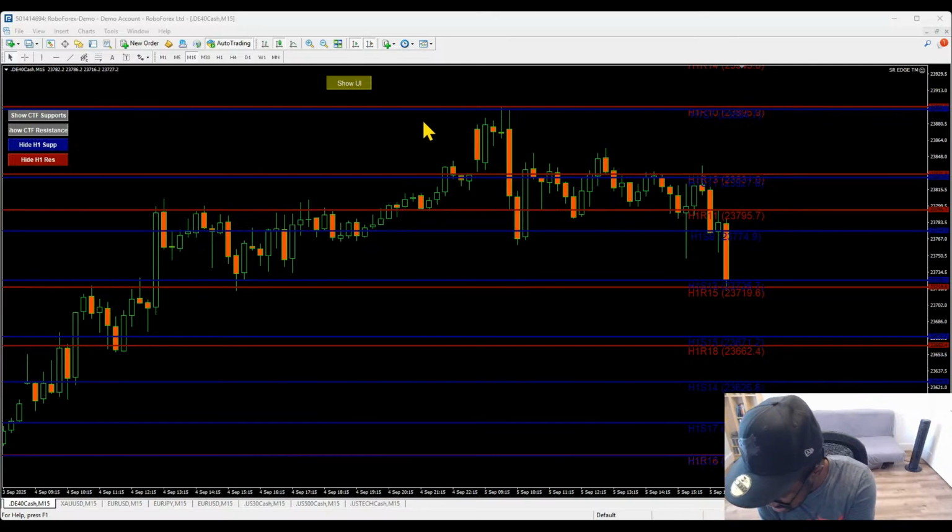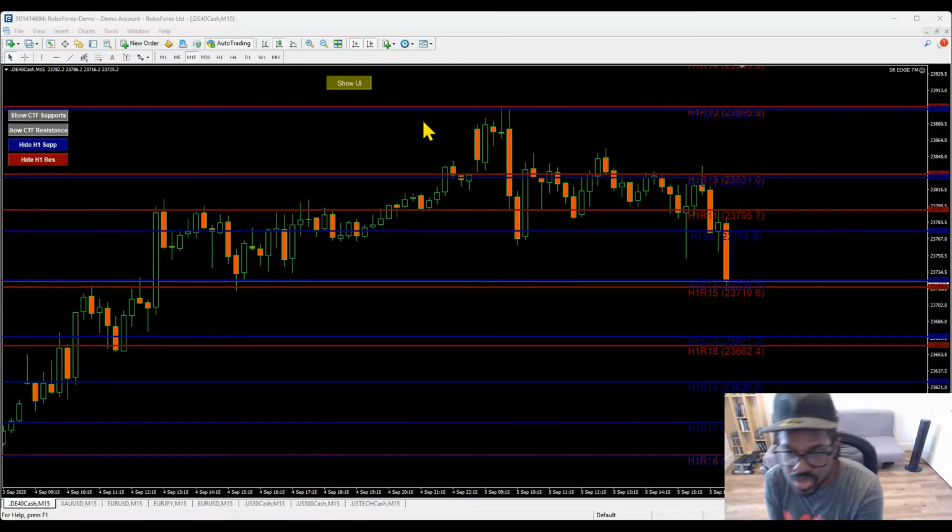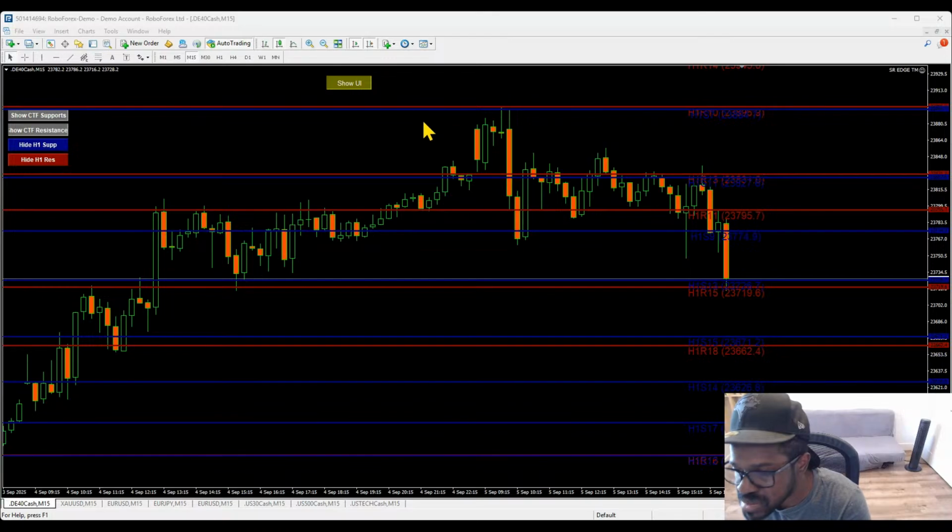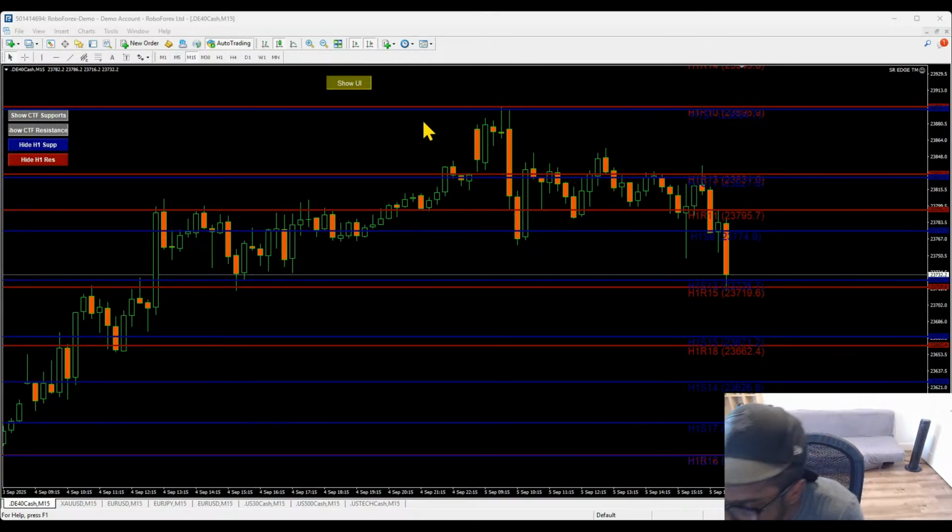I don't know why it's not clear for the lines. It's support and resistance lines. Should be clear as day.